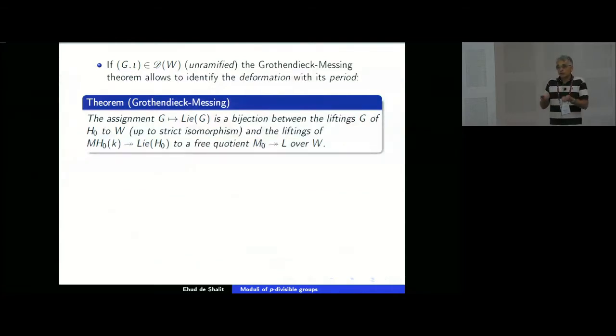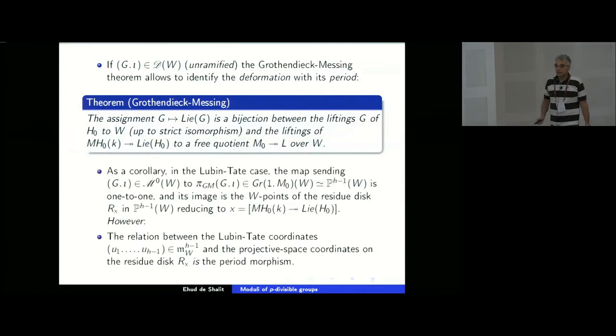Now, what restriction do we have on this? Of course, it should reduce to the map to the Lie algebra of H0, and this gives us basically that in the Lubin-Tate situation, the W points map 1-to-1 into the residue disk in this projective space, reducing to the point over F_p bar corresponding to H0.